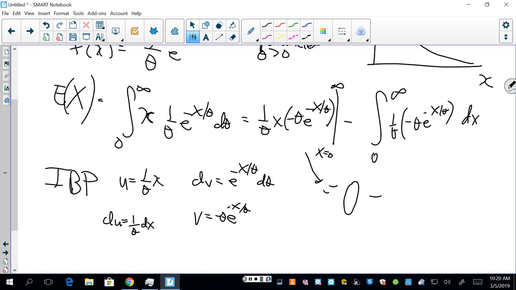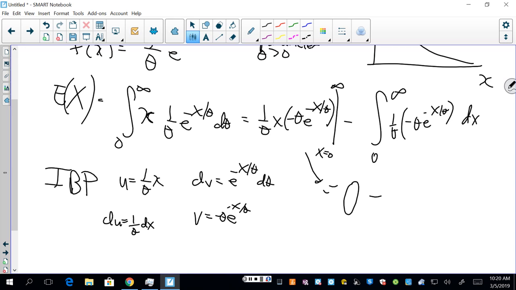Evaluating at 0, it's 0 times something, so it's just 0, right? At infinity, it's essentially infinity over infinity. And that's L'Hopital's rule, where the limit of infinity over infinity is 0, right? So nice applications of things from the end of calculus 1, maybe even the beginning of calculus 2.